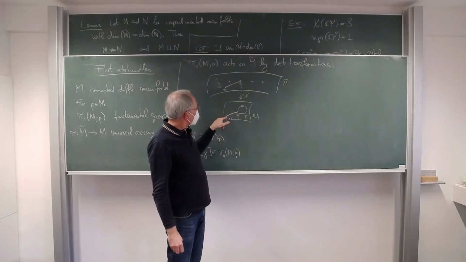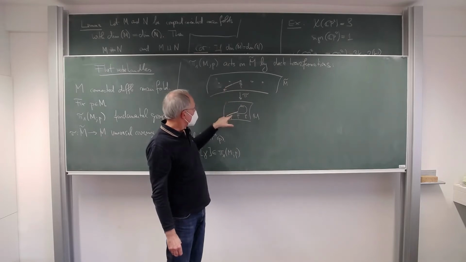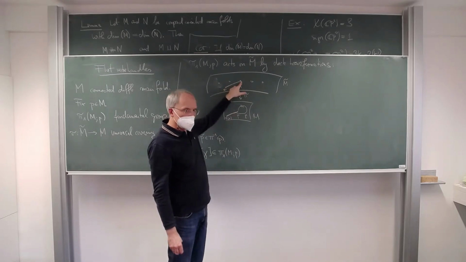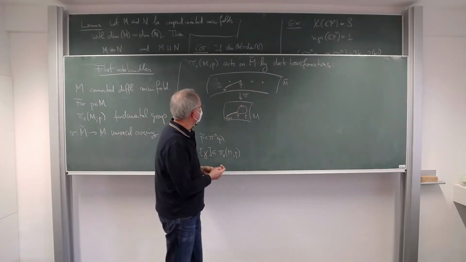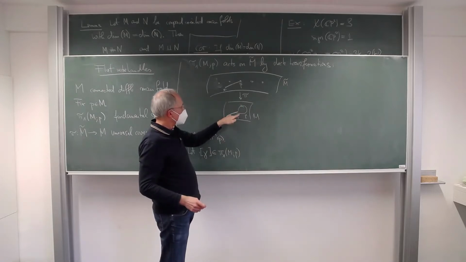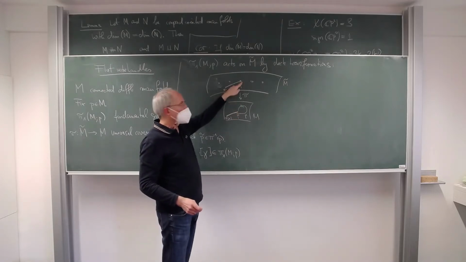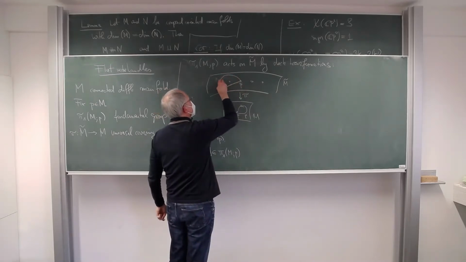And now we can take that loop and lift it to the universal cover starting at x. The first part of the lift is obvious, as the path we started with. Then we lift this loop, and the loop ends down here again in P, but when we lift it, it may well end at a different pre-image point.